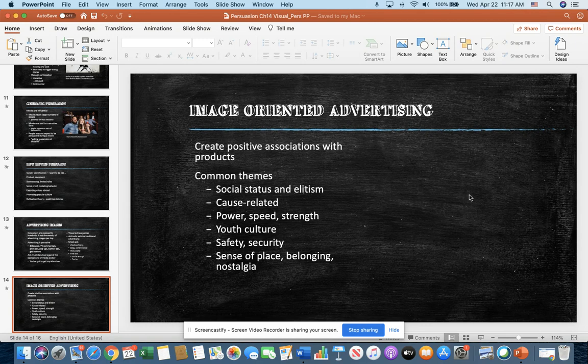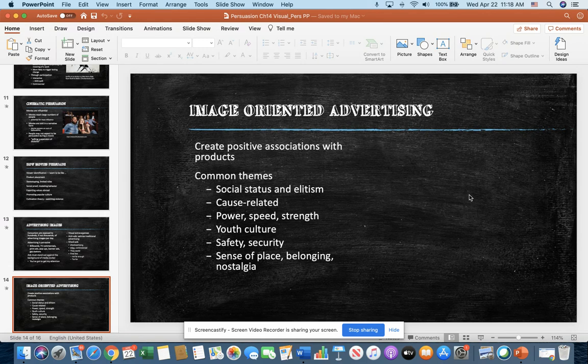Not just using a certain razor blade or shaving cream or cologne or perfume, but there's something more. You buy something else for your money. So, for example, certain products are about social status and elitism. If you buy a Mercedes or a BMW or a Jaguar, you're part of a special club because not everybody can afford that.